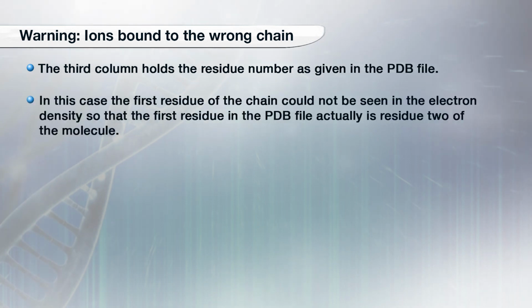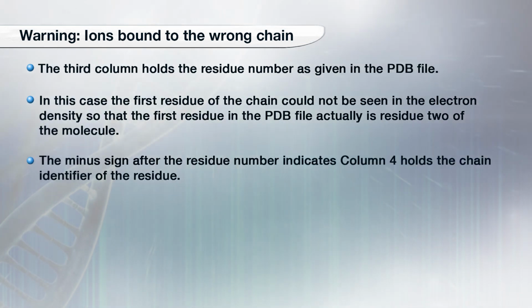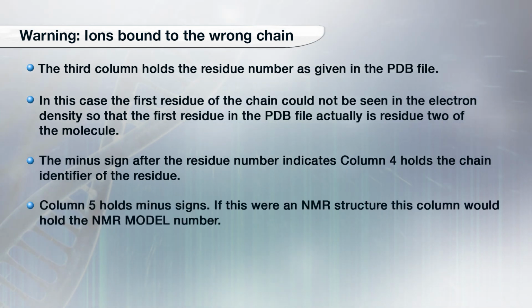In this case, the first residue of the chain could not be seen in the electron density, so the first residue in the PDB file is actually residue 2 of the molecule. The minus sign after the residue number indicates column 4, which holds the chain identifier for the residue. Column 5 holds a minus sign.